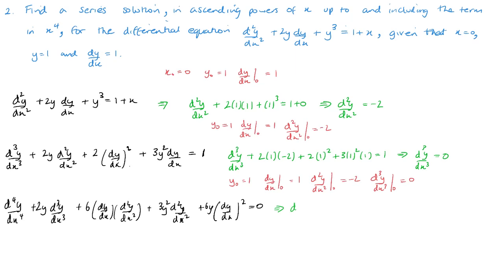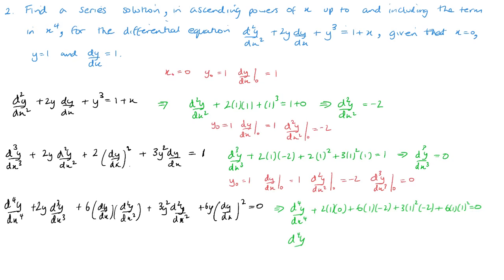So this is going to be d4y by dx to the power 4 plus 2 times 1 times 0 plus 6 times 1 times minus 2 plus 3 times 1 squared times minus 2 plus 6 times 1 times 1 squared equals 0.